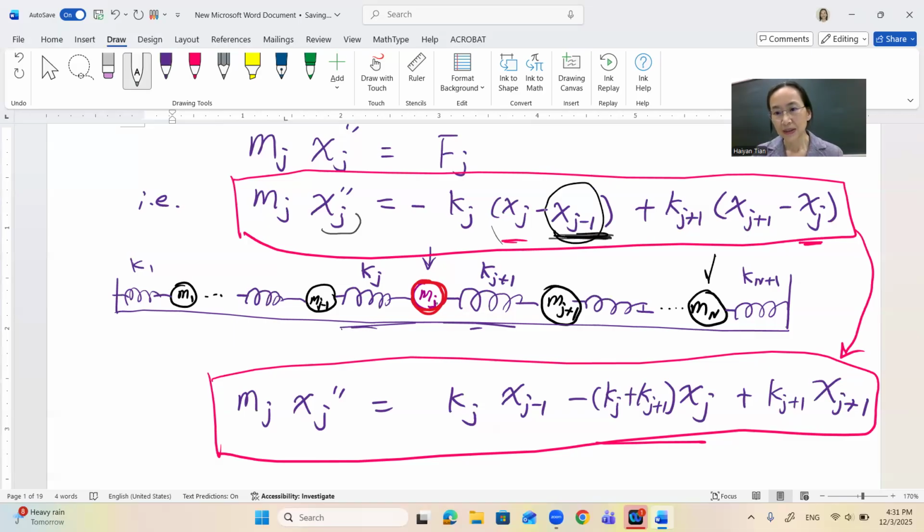And when j is n, for the last body, in the last equation, there's nobody after this last body, so this part will be 0. So we have two special cases: the first equation and the last equation of the system.